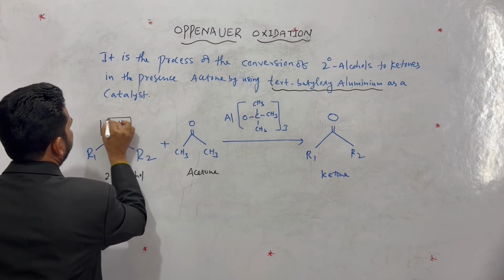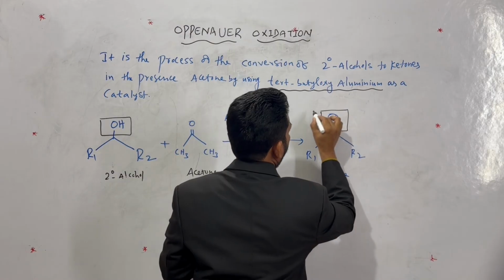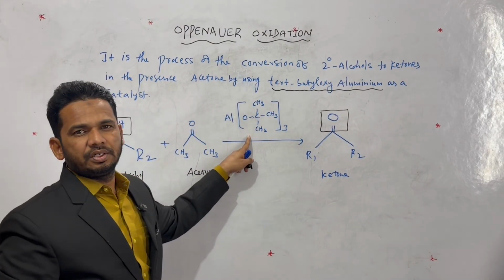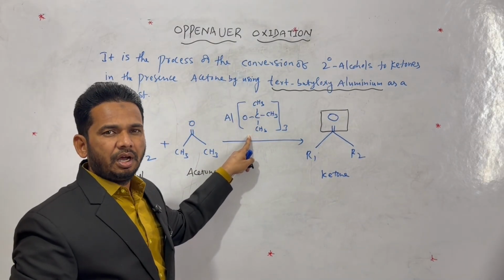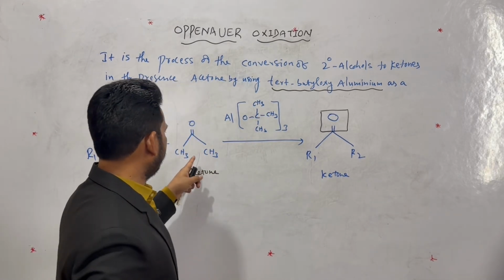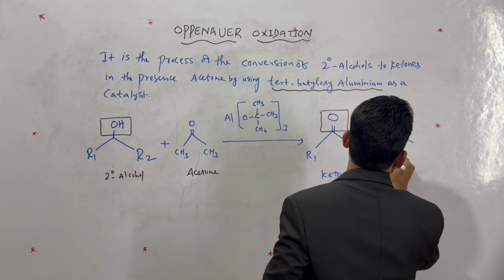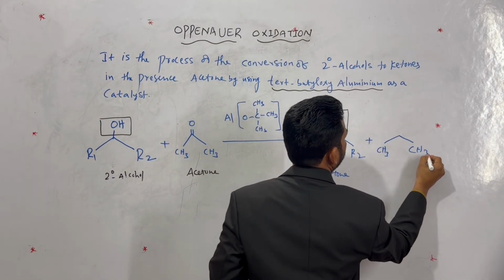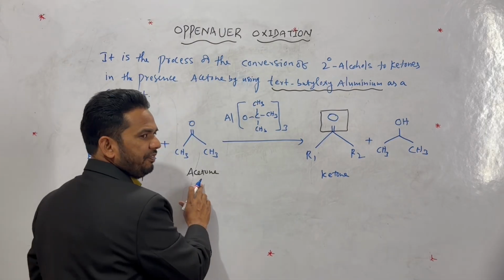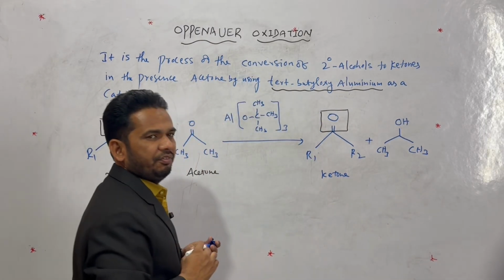The alcohol is converted to the ketone in the presence of tertiary butyl oxy aluminum. Remember that. Along with that, the acetone itself will convert into the alcoholic form. We should not bother about this, because the acetone is sacrificing its life by converting into the alcoholic form.